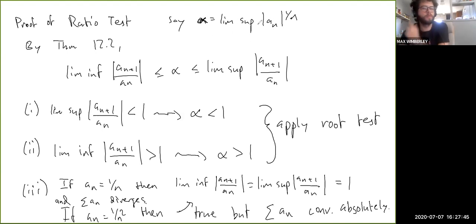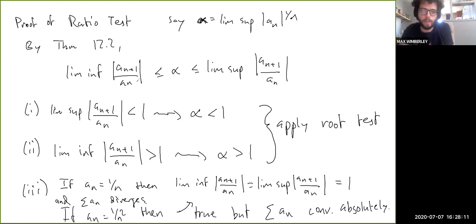That comes from what we proved in theorem 12.2, which is that the sequence of successive ratios of the terms of our series is not better behaved than the sequence of roots.